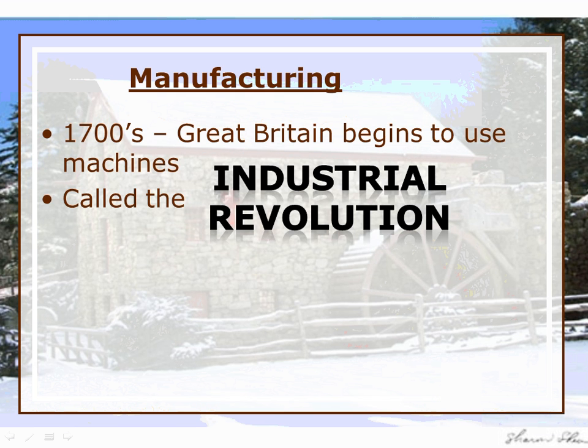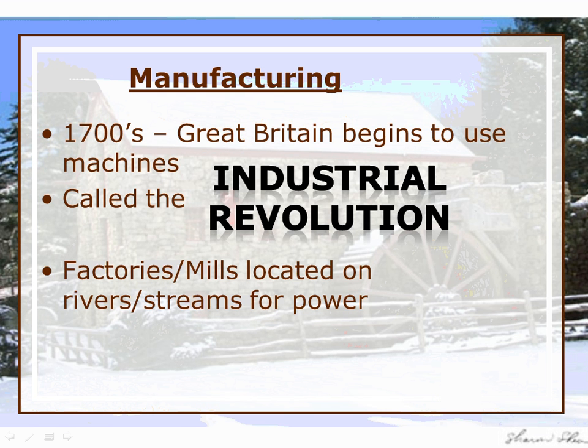We're not talking electricity, we're not talking gasoline or diesel. What powered these mills? What allowed these machines to work? Rivers and streams, water power. And so most of these factories are going to be located by rivers or streams, flowing water.